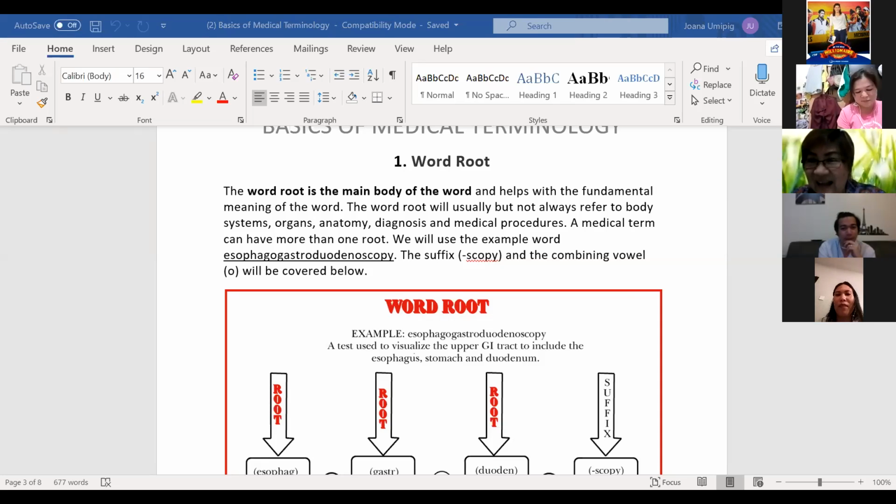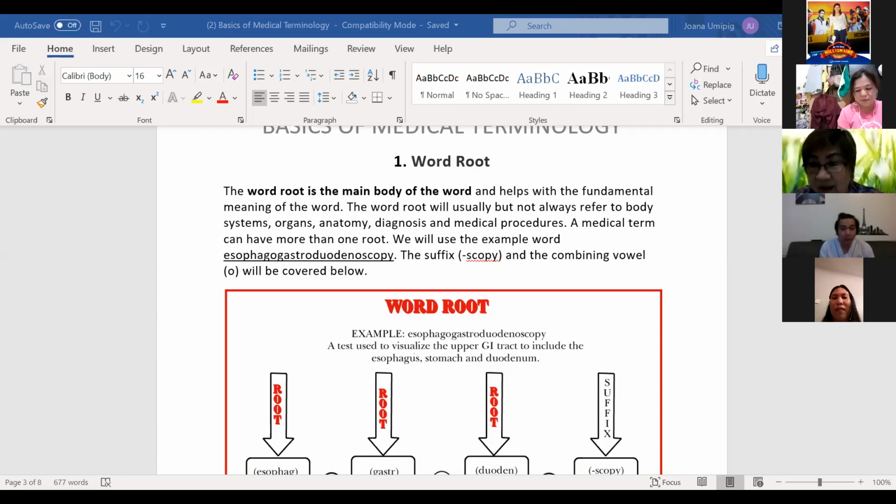But if you are going to form it from scratch, from the root words, you are going to form it this way. So that's why, as mentioned, it is impossible for you to memorize.